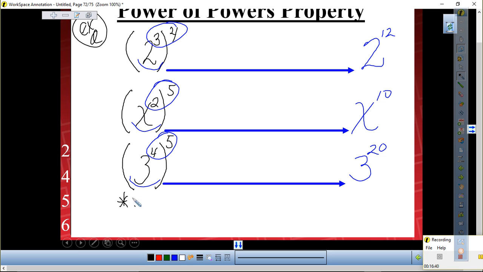So, what is it that we're doing? Did I say when we do a parentheses and exponent outside, what is that called? Raising. So let's start our definition. When raising, what are we raising? What are these called, whatever's inside of the parentheses?